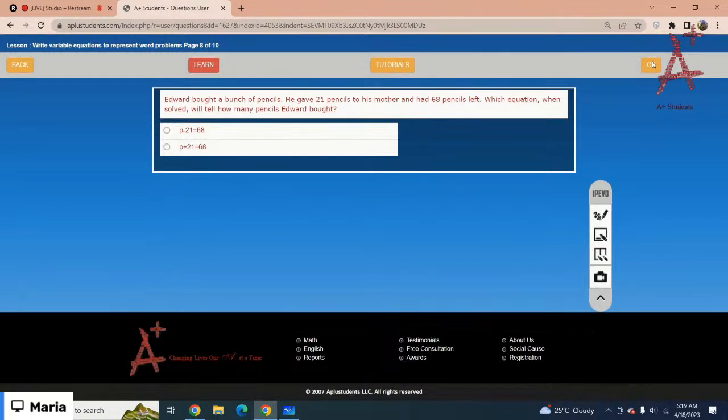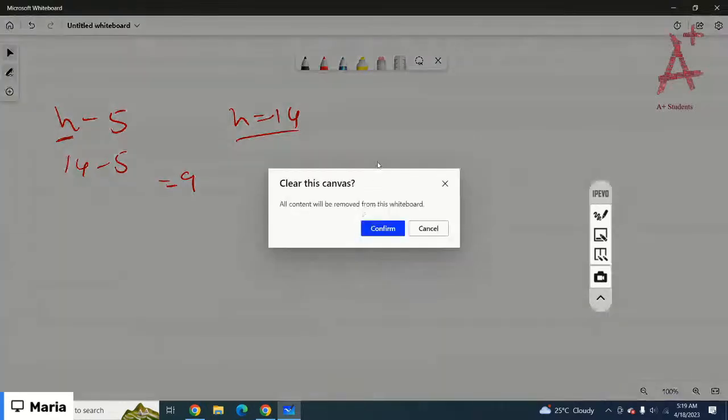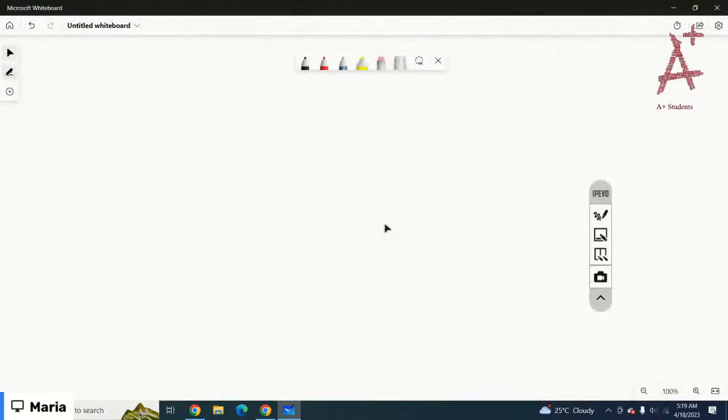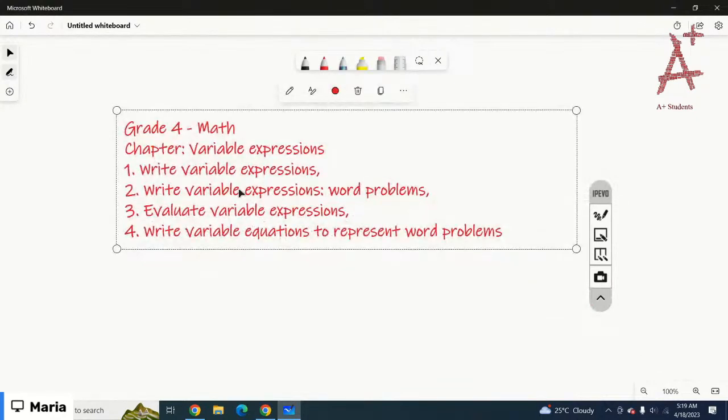Okay. You can complete the test by yourself later today. So we're working on grade 4 maths. The chapter we're working on is variable expressions. The lessons we have covered today are write variable expressions, write variable expressions from word problems, evaluate variable expressions, and write variable equations to represent word problems.